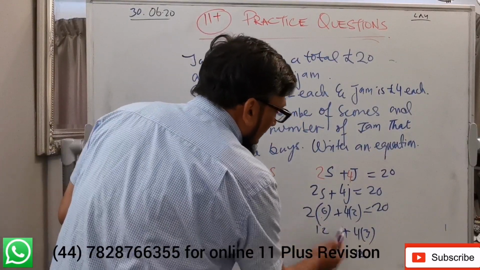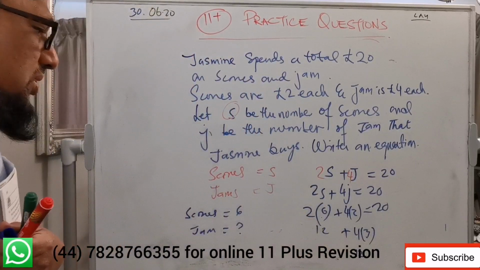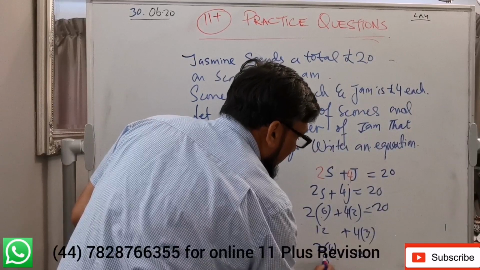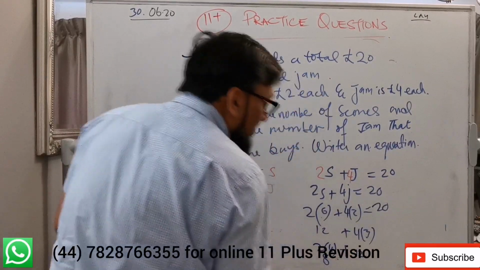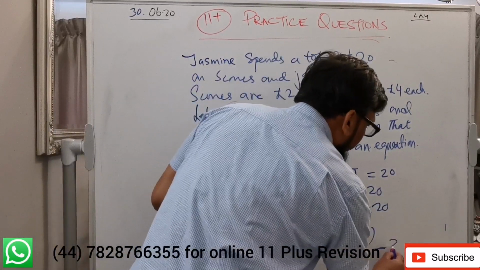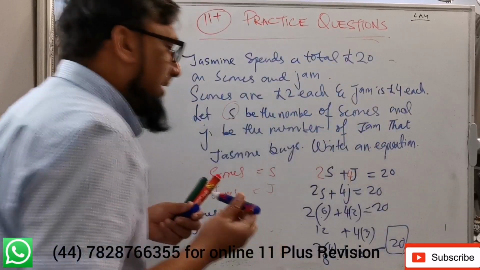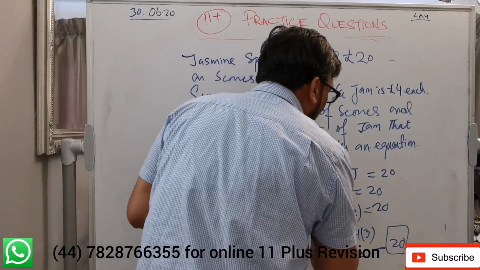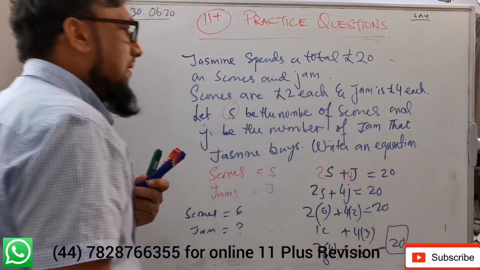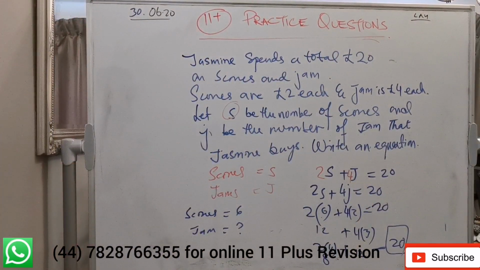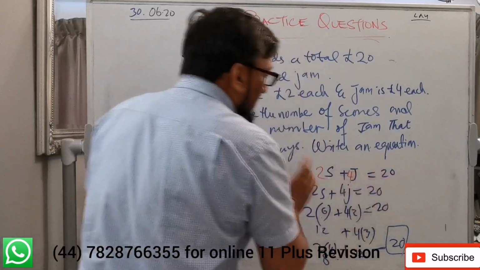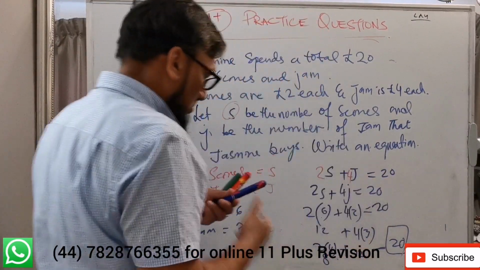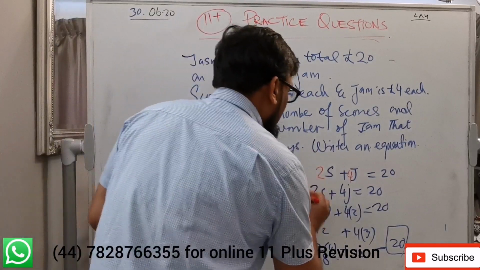How many scones can she buy? 2 times 4, which is 8. So she can buy different numbers of jam and scones from 20 pounds. Anyhow, the equation for this one is 2S plus 4J equal to 20.